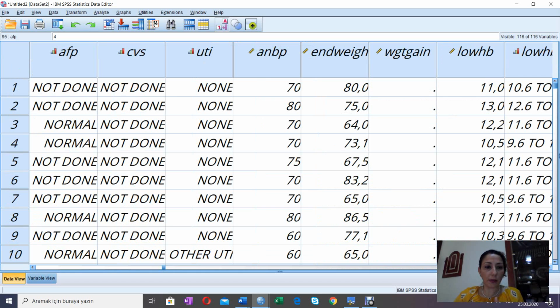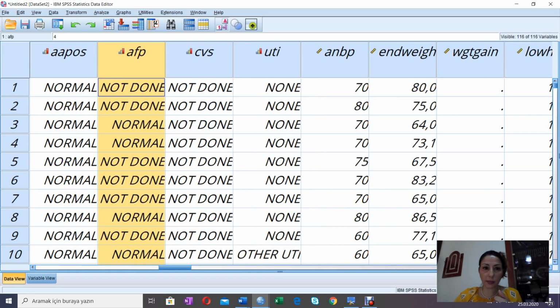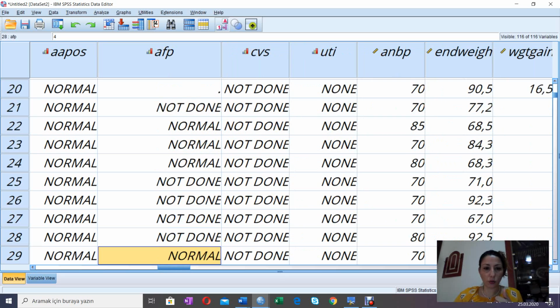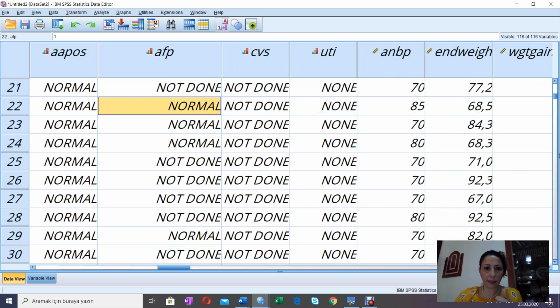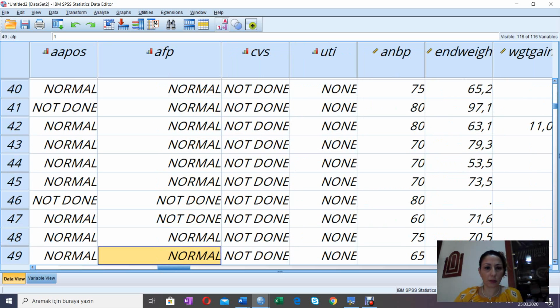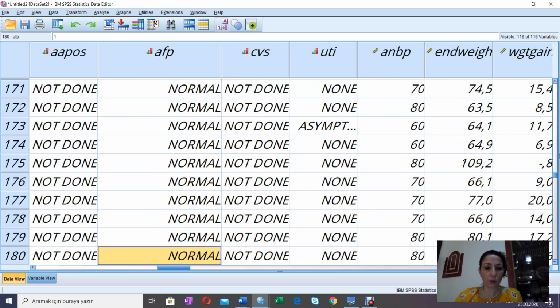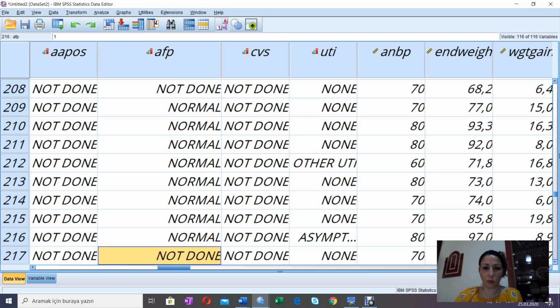Okay, in data view, this is the protein that we are talking about, and if we scroll down, we will see that there should be some missing values.